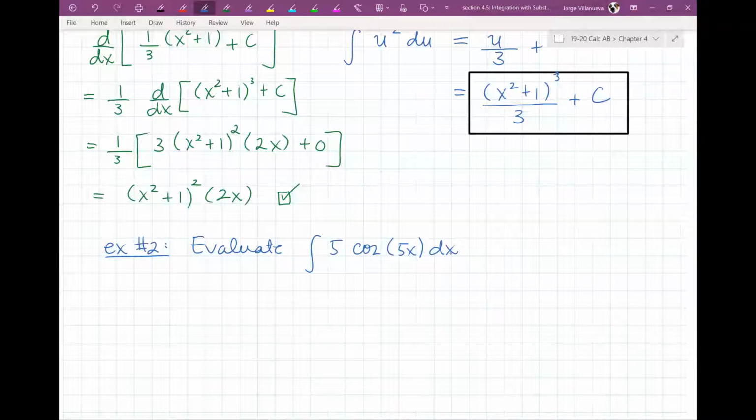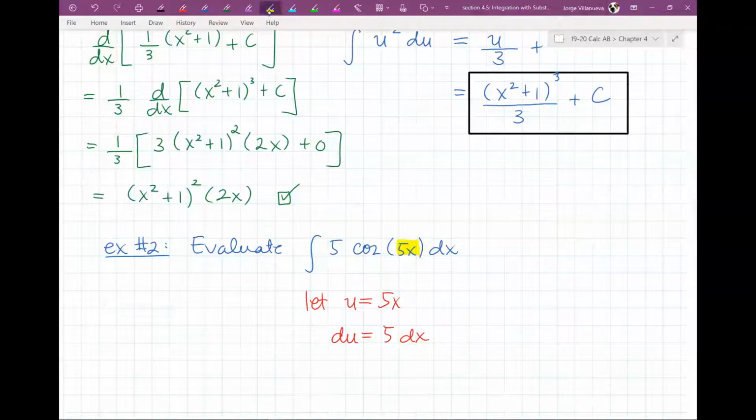When it comes to trig, usually you let your substitution be the angle. Not always, but usually that'll work. So my angle here is 5x. If I let u equal 5x, then what's du? 5 dx.